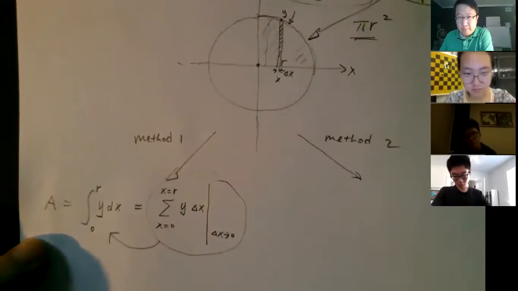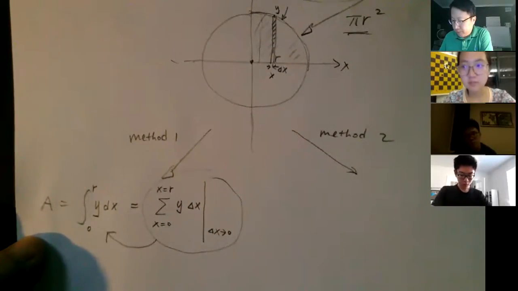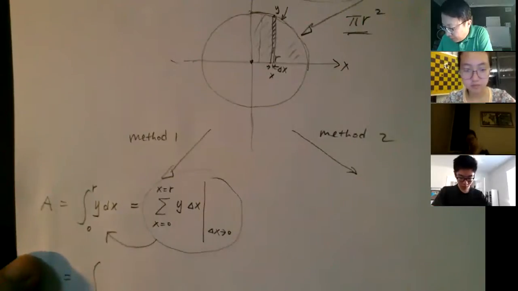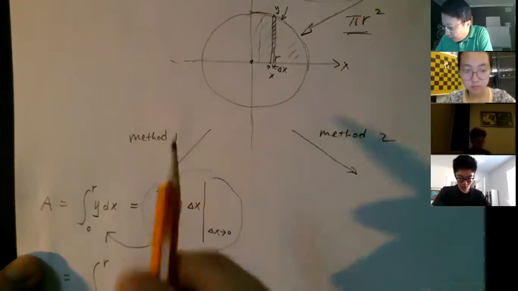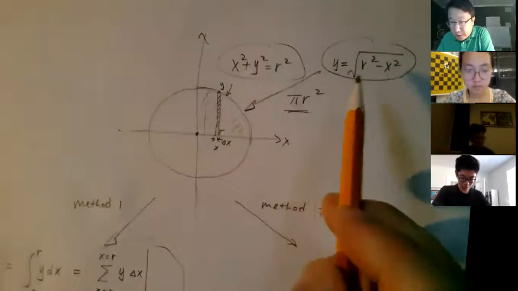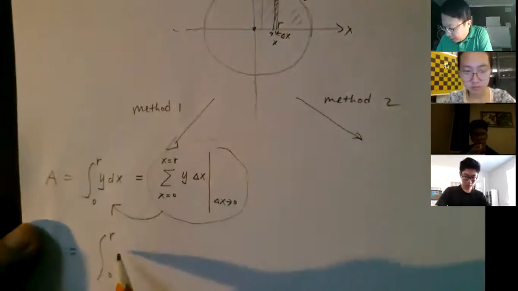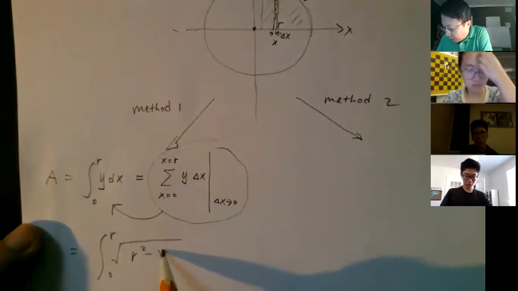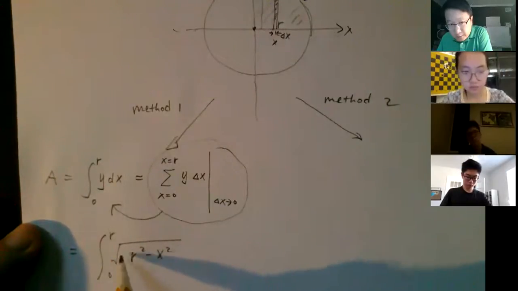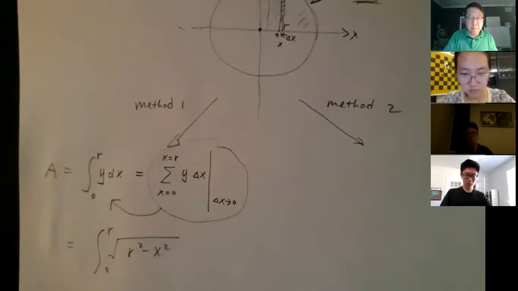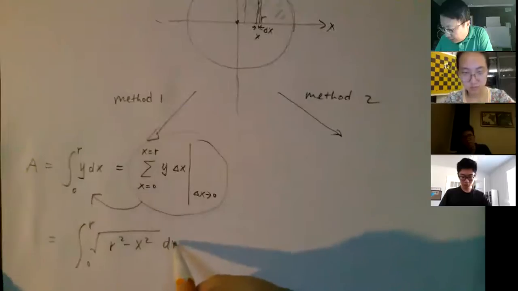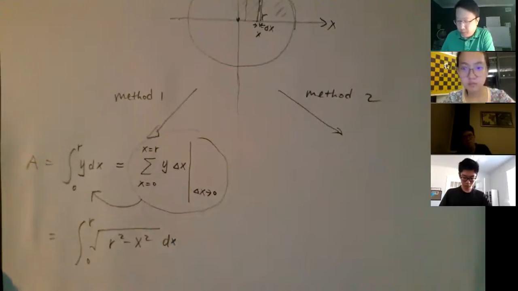Got it? Here y becomes the square root of r squared minus x squared, that is y, correct? And dx. So that's it.